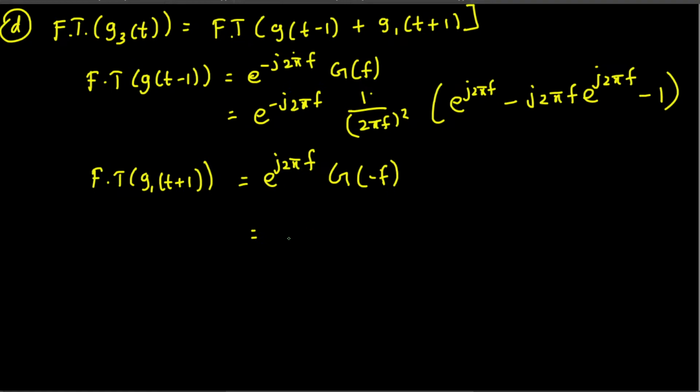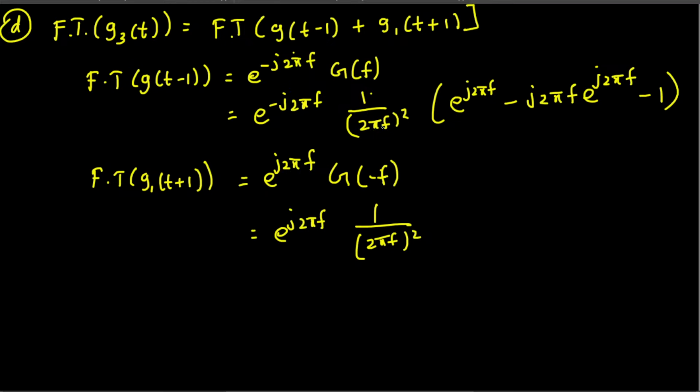So we can just write this again, e power j 2 phi f, and the Fourier transform of the time reversal is basically the same, the first value is the same, 1 over 2 phi f square, and we just replace the f value with negative.